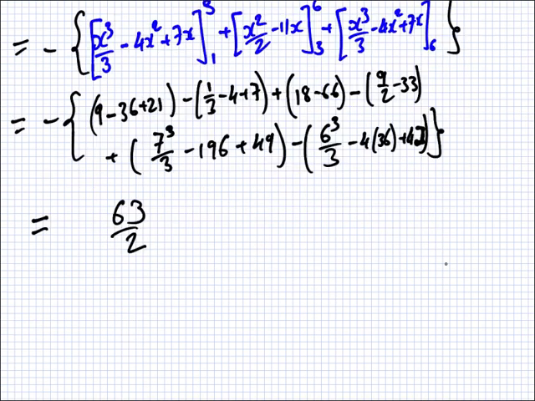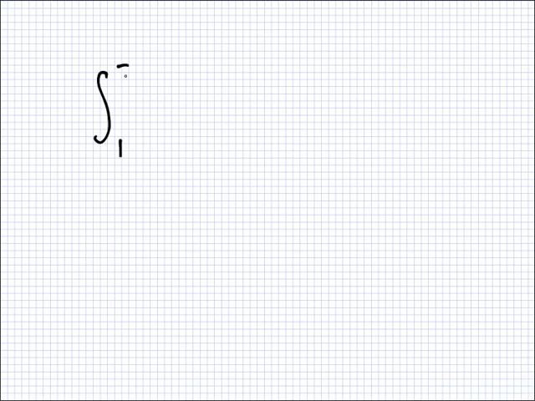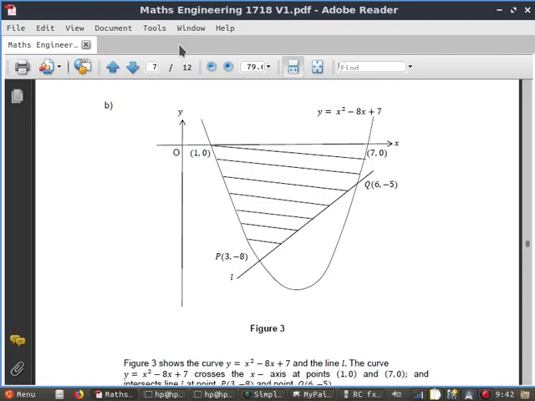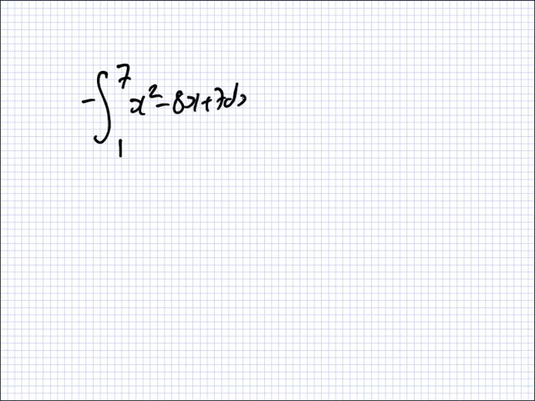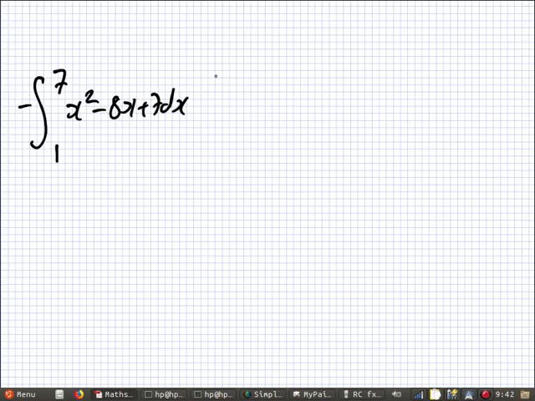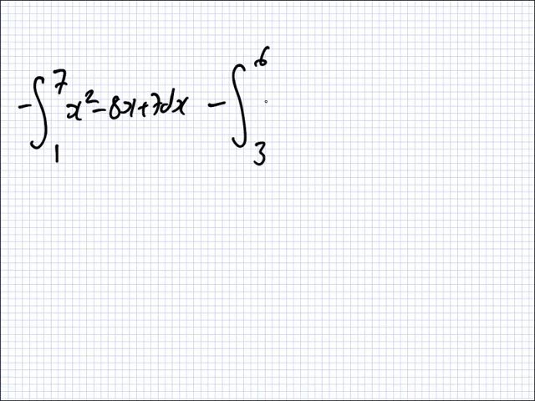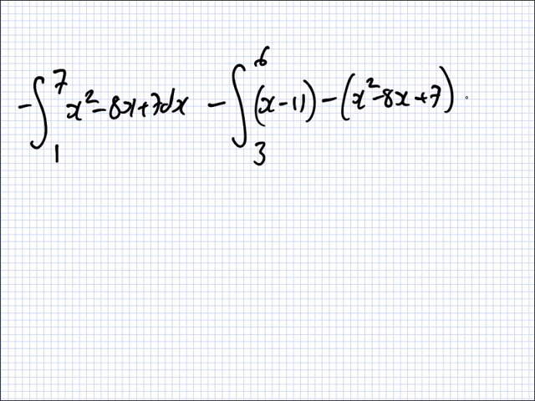If you want to do it that way, Gail, you could integrate from 1 to 7 of x squared minus 8x plus 7 dx, and then take away this, so minus the integral from 3 to 6 of the line, x minus 11, minus x squared minus 8x plus 7, dx.